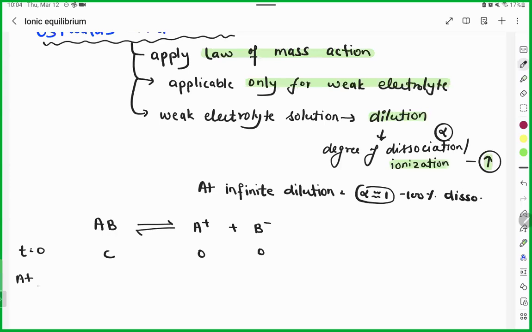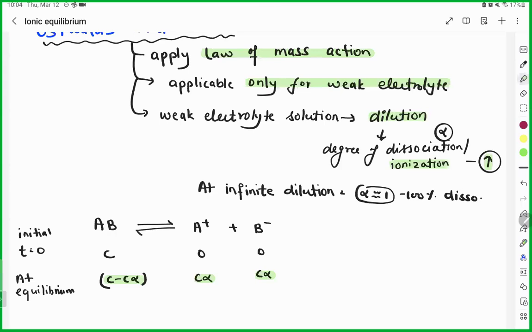This is the initial condition. At equilibrium, some of the product will form with some degree of dissociation. So let's say this is C alpha, this is C alpha, so AB will be C minus C alpha. Any doubt, guys? It is almost the same thing you did in chemical kinetics, first order reaction.